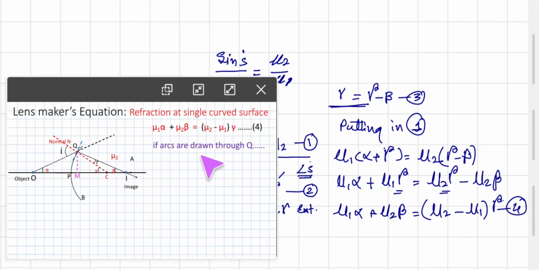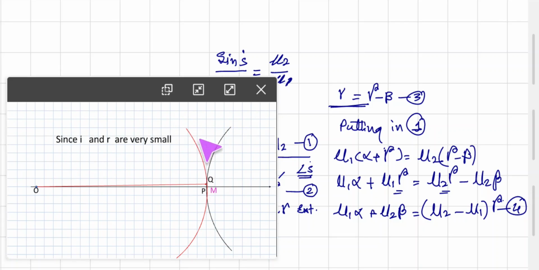And now we already have this equation 4. So now if arcs are drawn through Q, what we are trying to show by doing this is that P and M are very close to each other. Let us consider this is the lens which we saw. Here it is an object.